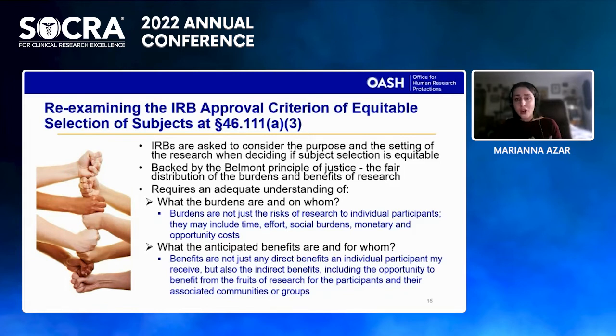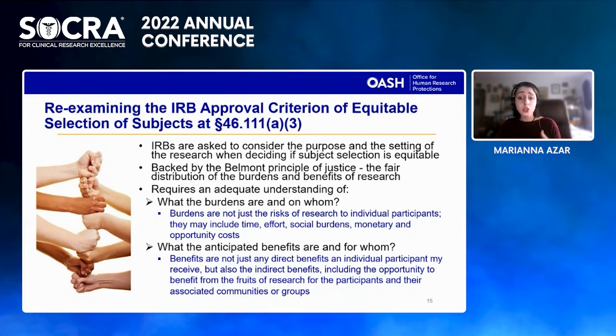And benefits are not just the potential benefits that individual participants may derive from, for example, their participation in a therapeutic clinical trial. More broadly, benefits may include the opportunities participants and their communities and groups they identify with might reap from the research.